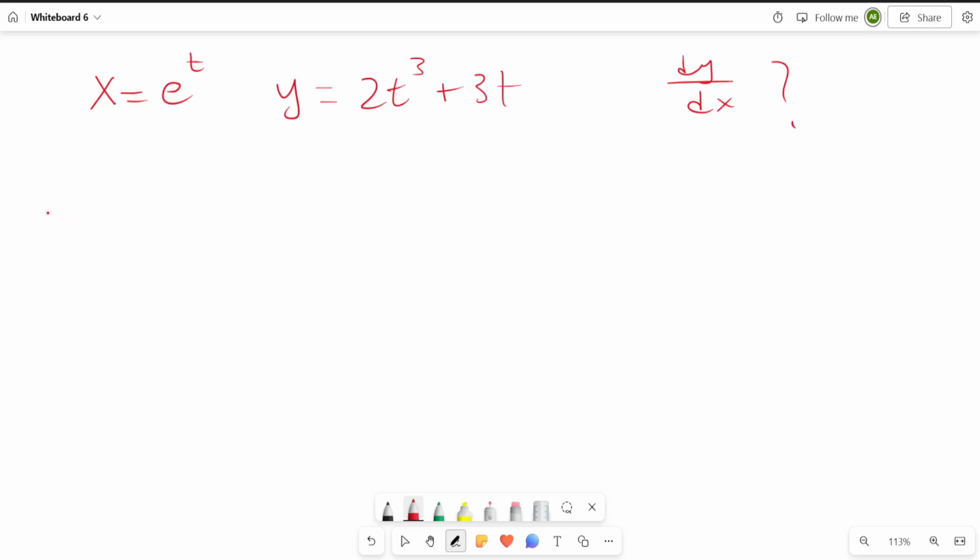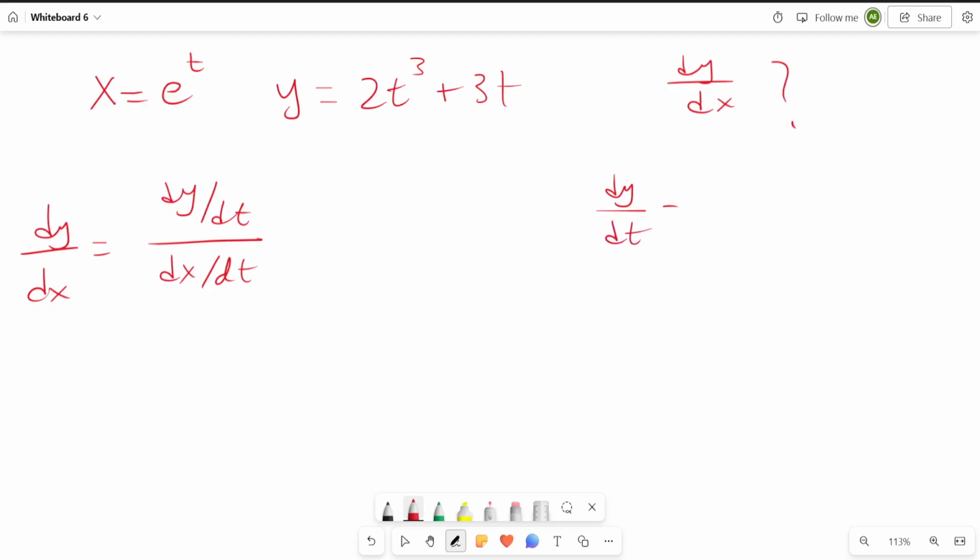First of all, I know that dy by dx equals dy by dt over dx by dt. Let me start by getting dy by dt, which is the differentiation of this function over here. 3 times 2 is 6t, and reduce the power by 1, so it's t squared, plus the differentiation of 3t, which is 3. Now let's get dx by dt. It's the differentiation of e power t, which is basically e power t as well.